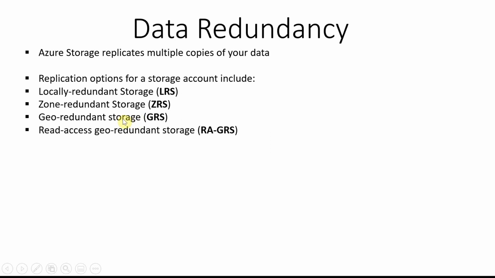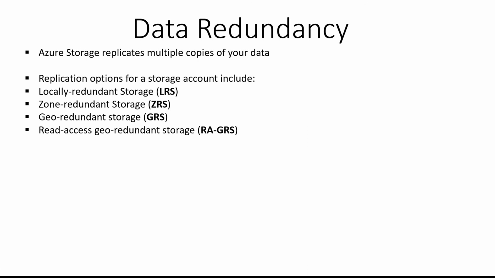Otherwise, you don't have access to the duplicate copy. But with read access geo, you get access, just read-only access. You can do a read operation, not write. That's why it is read access geo. With these two, GRS and RA-GRS, you get questions in the exam. If you want to read the duplicate copy, then you should always go for RA-GRS. Was it clear, or any questions?